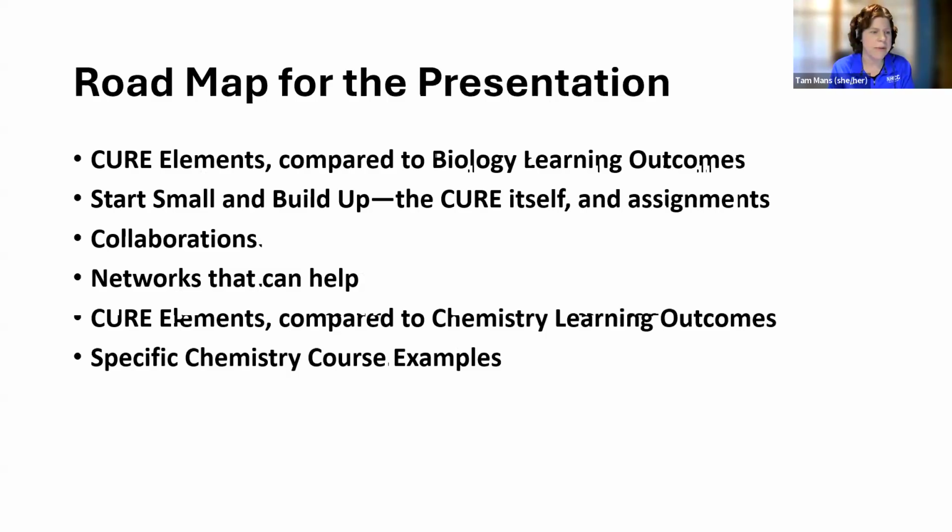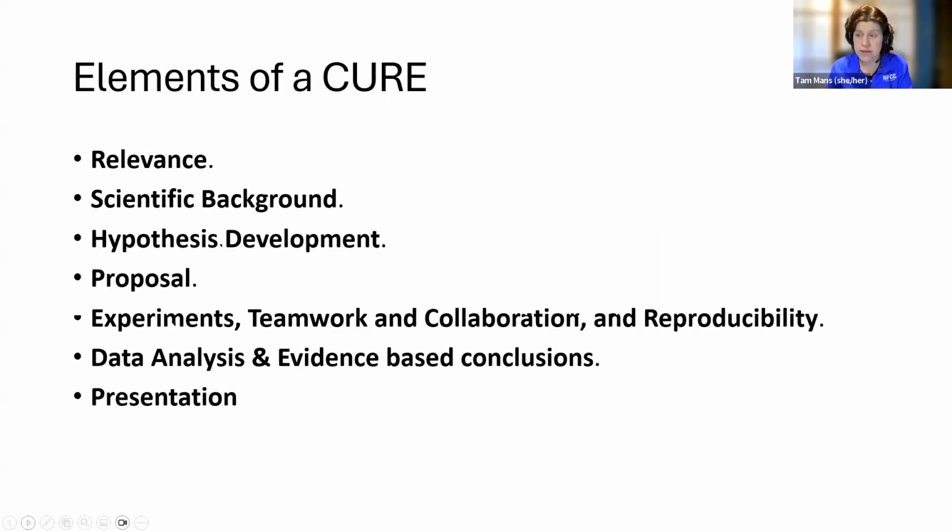And then I'm going to talk a little bit about collaborations. And then at that point, we're going to switch, and Ellis is going to emphasize some networks and organizations that can help you develop a CURE, and again talk about CURE elements and how they match with chemistry outcomes and give some specific examples from his own teaching.